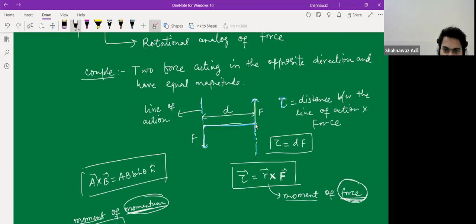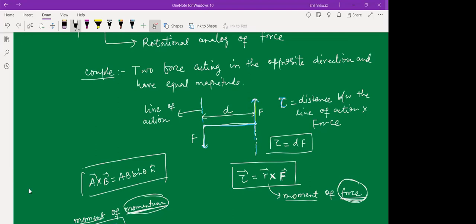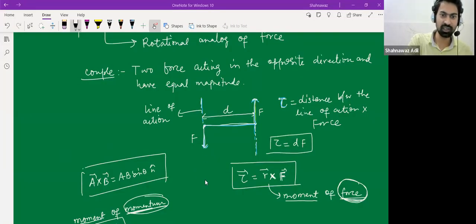So the torque is just the product of the force and the distance. So yeah, you guys understood about this torque, right?